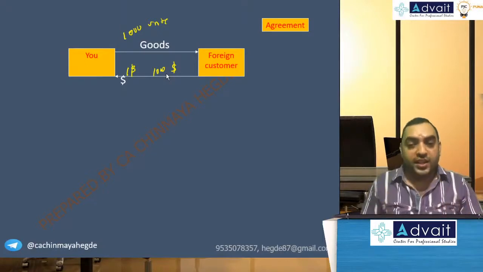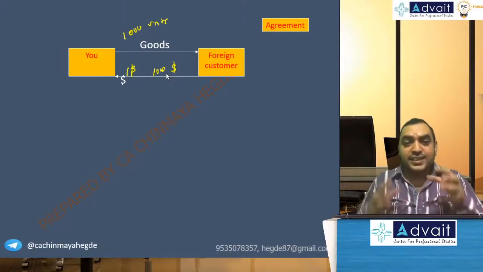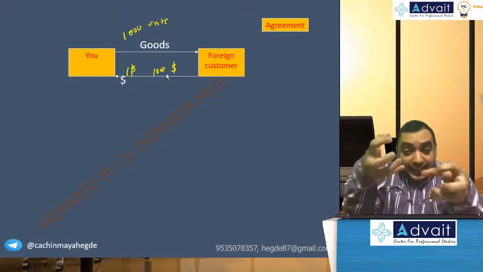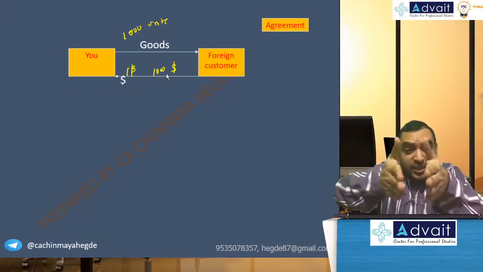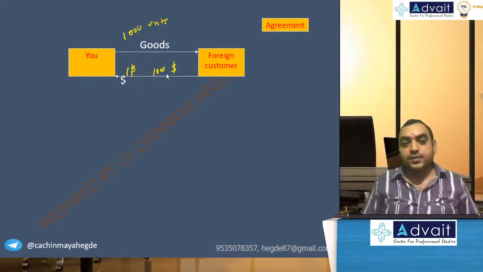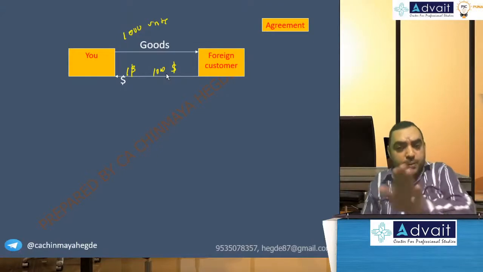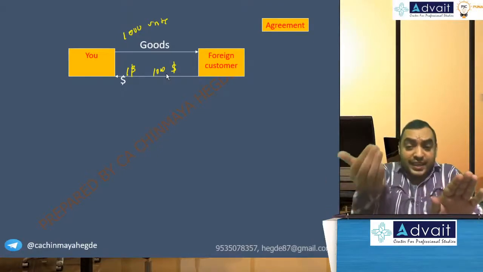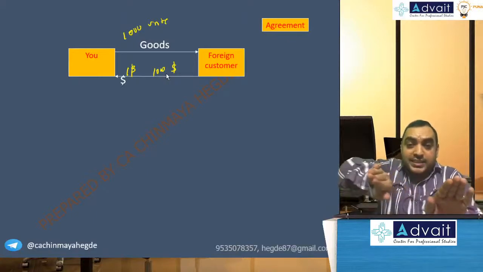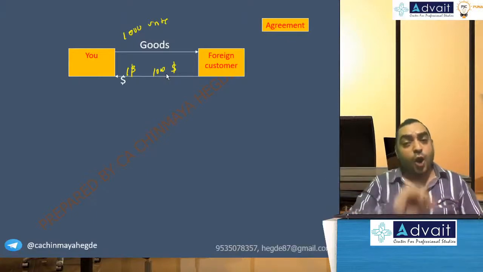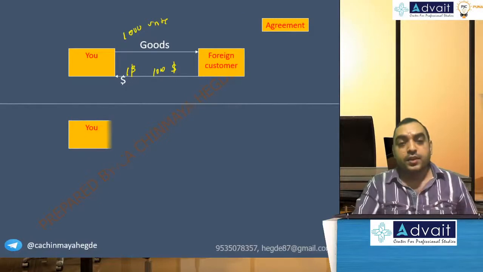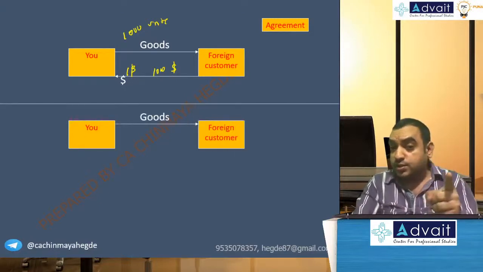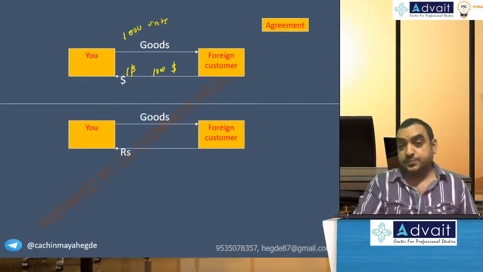Now, what is going to happen? This sale and getting dollars, can we separate it? Selling goods, make it one transaction, and getting dollars, make it another transaction. How does it look? I am selling goods and I receive rupees.